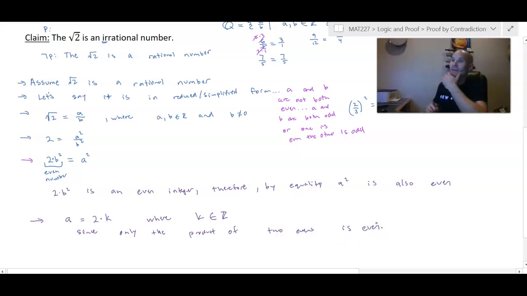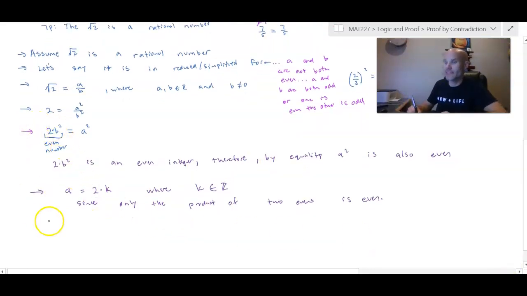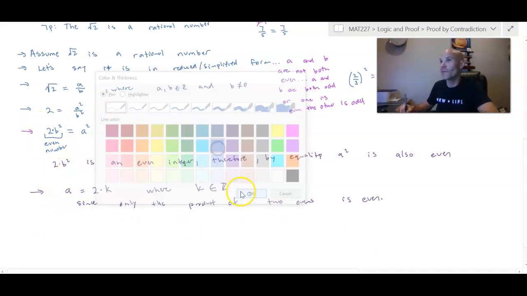Okay, so a is the same number, right? It's a squared, a times a. So either a is even and therefore a squared is even, or a is odd and a squared is odd. And we've proven before that an odd times an odd is an odd number. Okay, that's going to be powerful, because let's take that to the next step and see why.